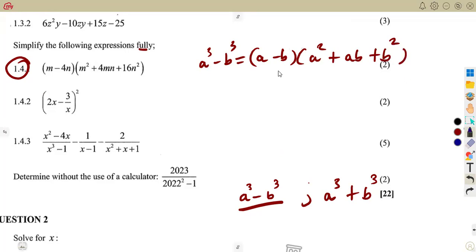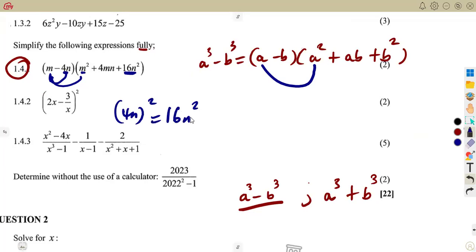If you understand this, guys, you're simply going to check to say, okay, there is m minus 4n. Then I've got m squared. Guys, just look here. This is a squared, this is m squared. This is 4n, if you square it, it gives you 16n squared.